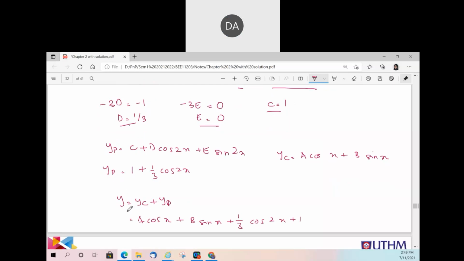Okay, thank you. Ya, tadi saya confused tadi. YP equals 1 plus 1 over 3 cos 2x. Kita gantikan C dengan 1, D dengan 1/3, E dengan kosong. Jadi kita dapat yang ni.